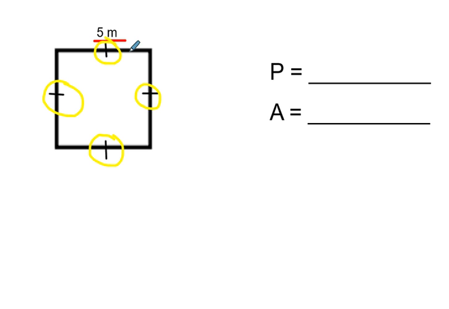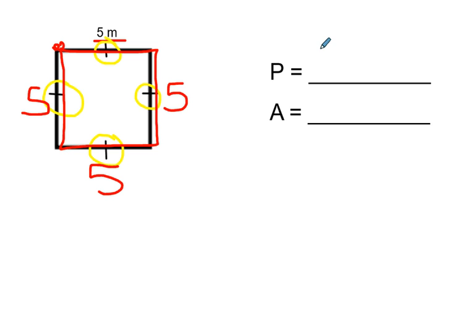So if this side is 5 meters, this one would be 5 meters, that one's 5 meters, so is that one. So it's a square, okay? So now to find our perimeter, we just add up 5, this one's 5, plus 5, plus 5, plus 5 is, yes, 20. And it's meters this time.